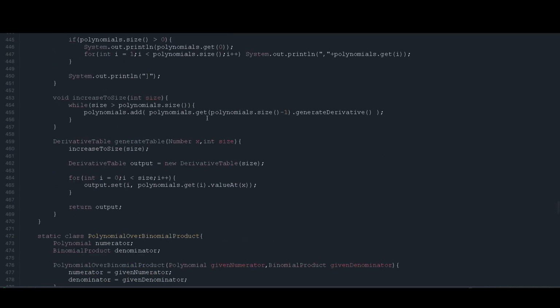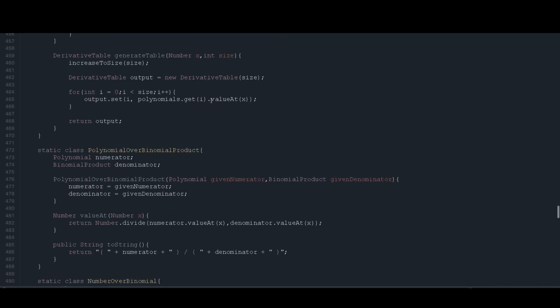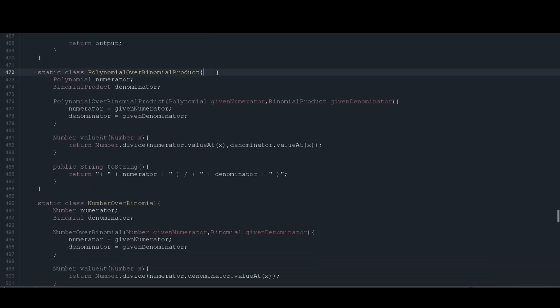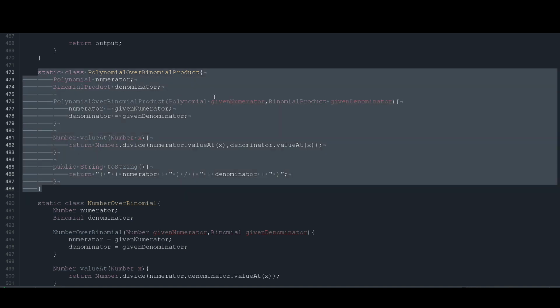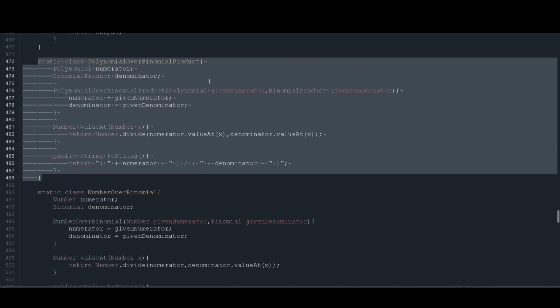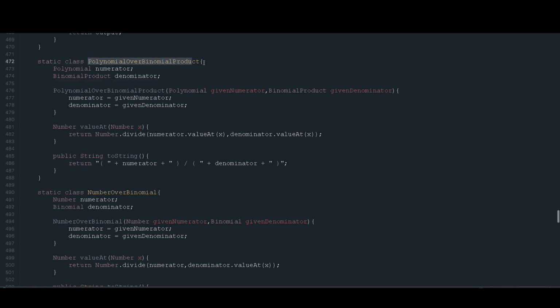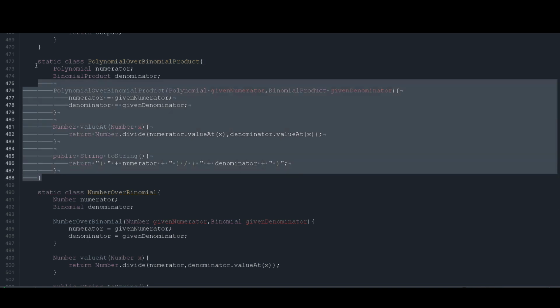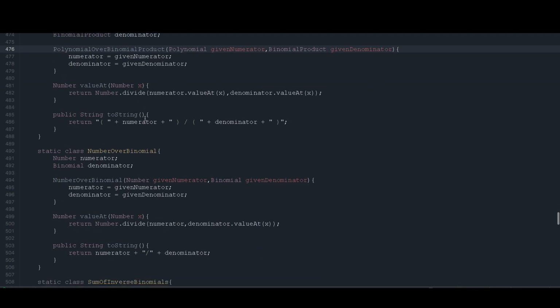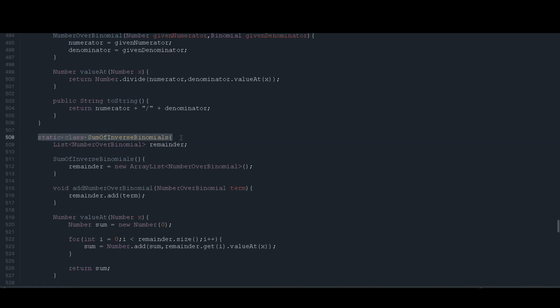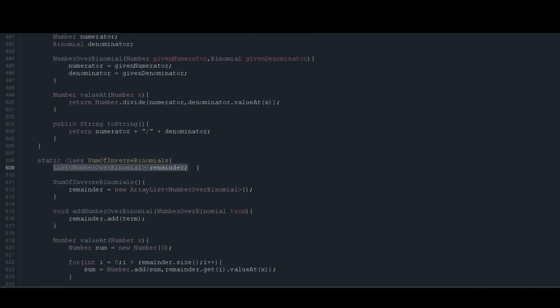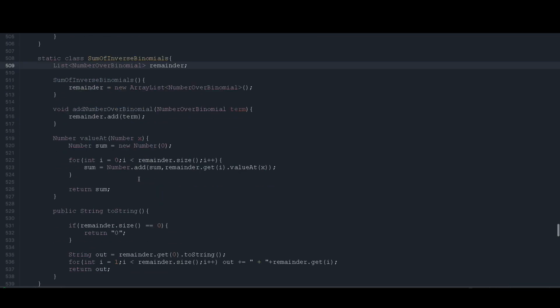You're always going to take the derivative of the numerator, the same numerator. This is just the polynomial over binomial product, so that's what your input function will be. Then number over binomial. So the sum of inverse binomials holds basically the inverses, so that's like your output.